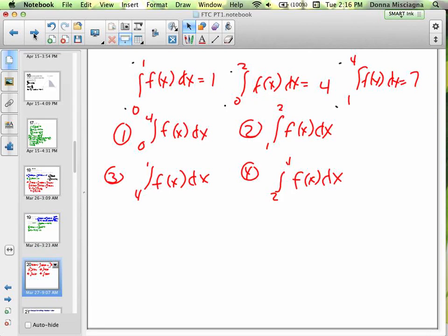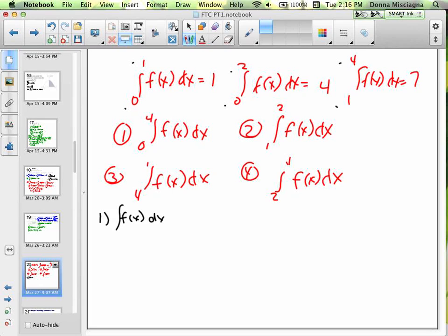All right, so here's some more, and we're given some information there. The integral of f of x dx from 0 to 1 is 1. From 0 to 2 is 4. And from 1 to 4 is 7. So we want to find, first of all, number 1, the integral of f of x dx from 0 to 4.